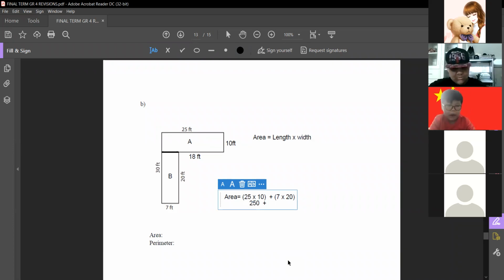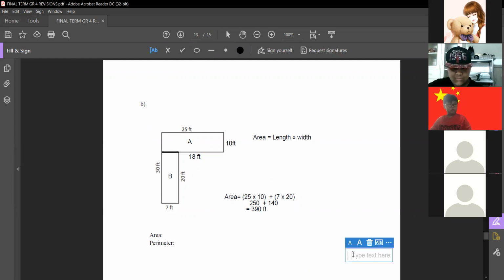How about 7 times 20? It's 140. Very good. So how about the total area for A and B? 390. Exactly, 390 feet square.